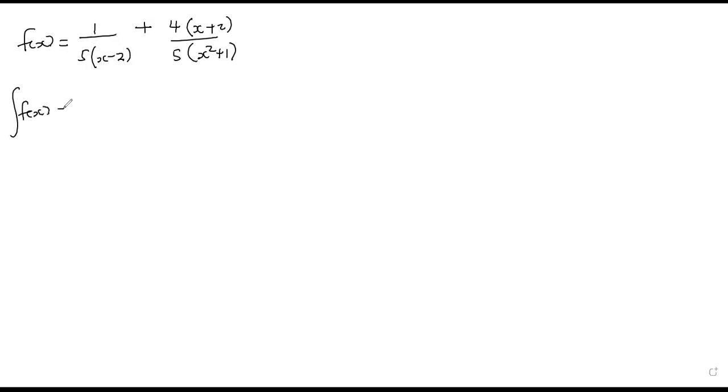Remember, our function has become 1 over 5 into x minus 2, plus 4 into x plus 2 out of 5 into x squared plus 1. So the integral of that function dx will equal the integral.